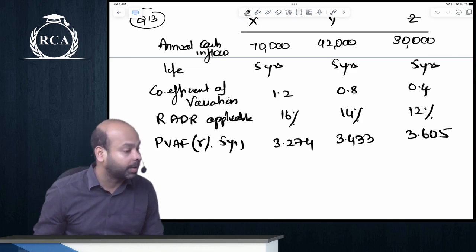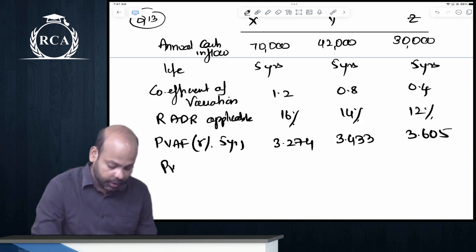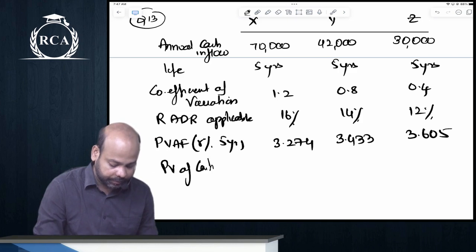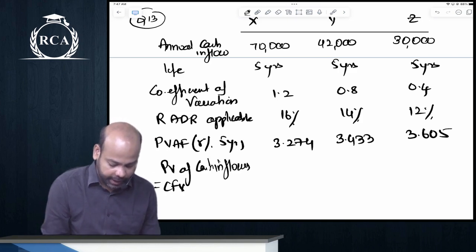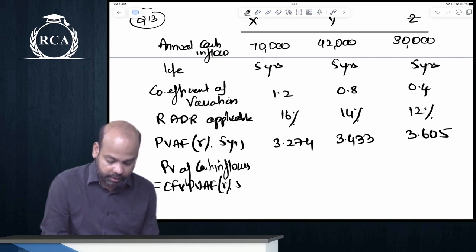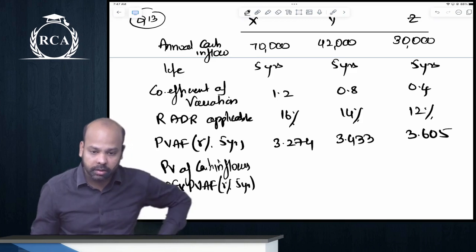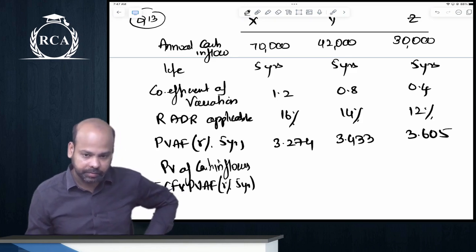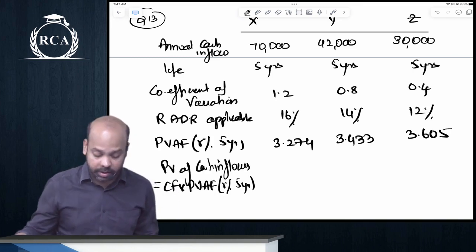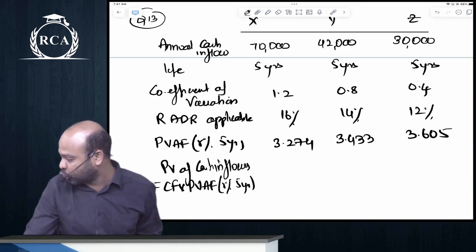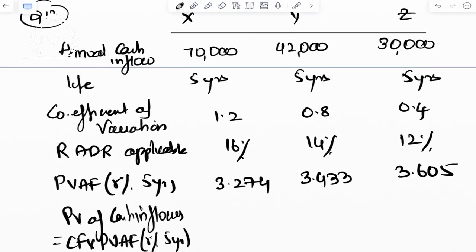You just have to multiply and write the present value of cash inflows: cash flow multiplied by PVAF. All these questions, beta, you already had in your CA Inter. The values are also the same. 70,000 into 3.274, do that, beta, and then deduct the amount of initial investment.